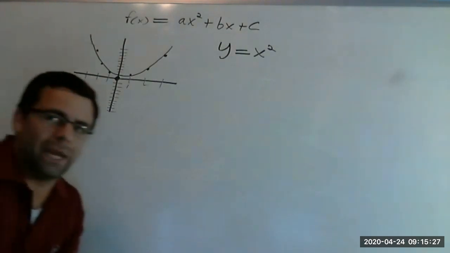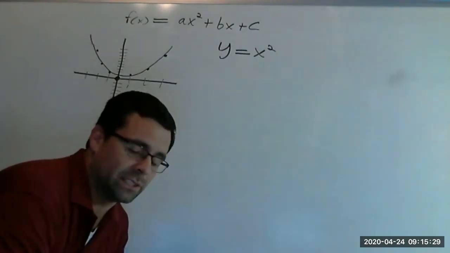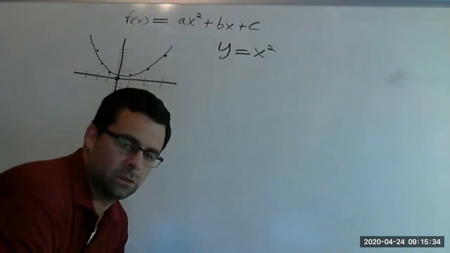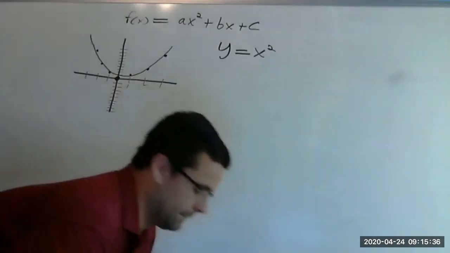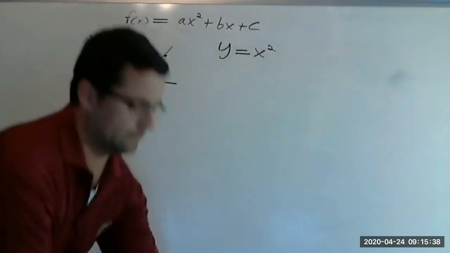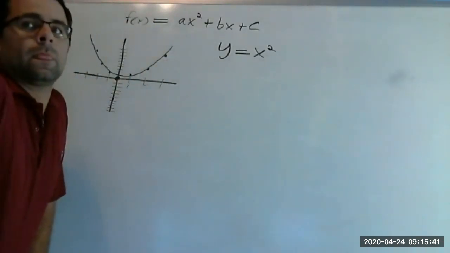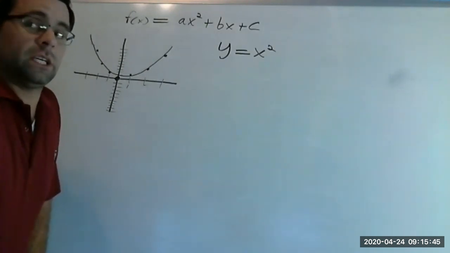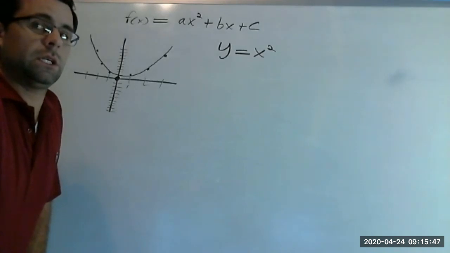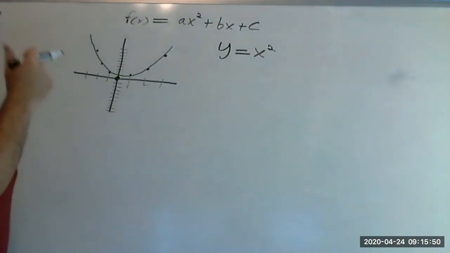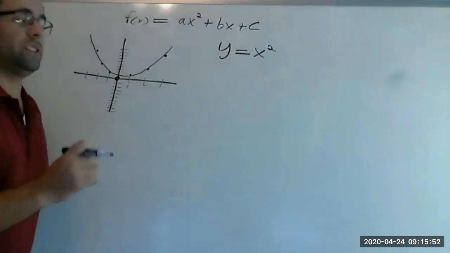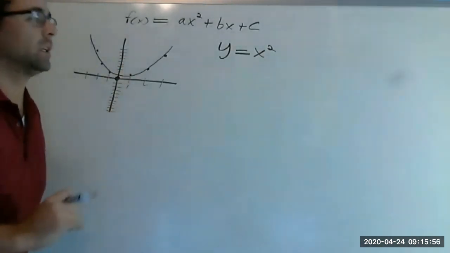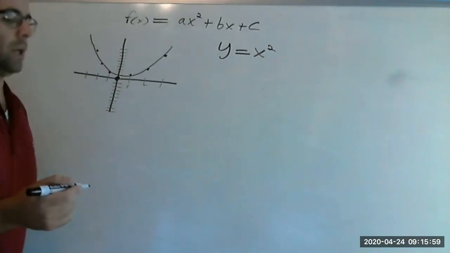So what were the most basic kinds of transformations? They were shifts, where we move the graph around. We move it up, down, left, right.